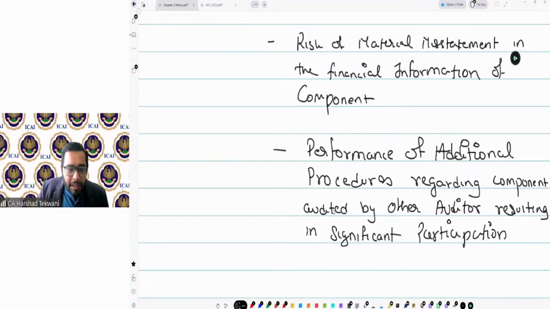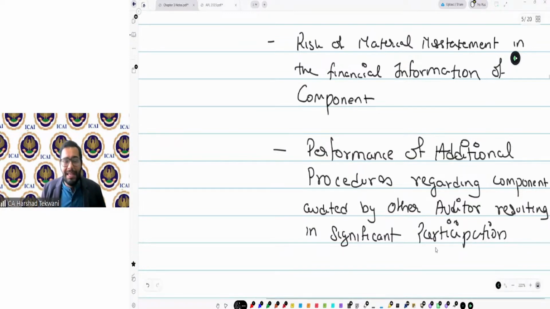Means the other procedures that the principal auditor needs to perform to make sure that his participation is significant in such audit. So performance of additional procedures by the principal auditor, resulting in his participation becoming significant.